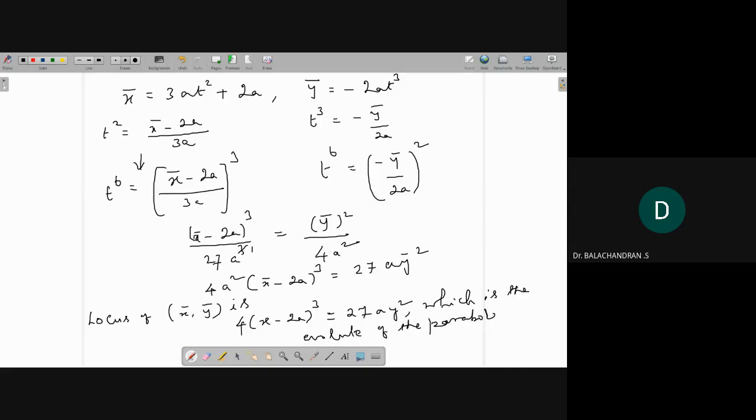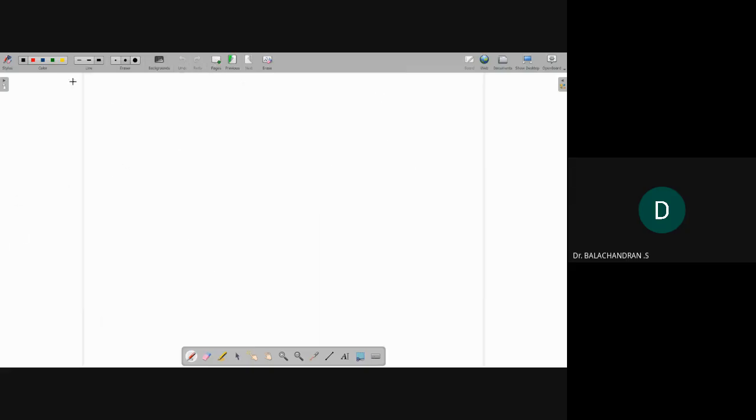Which is the evolute of the parabola y square equal to 4ax. Okay. So next problem is a practice problem for you, so note it down.